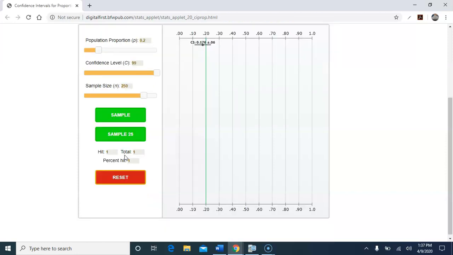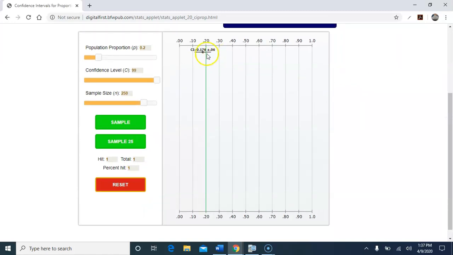So I click on sample, and here's my p-hat of 0.17, plus or minus a margin of error of 0.06. When I subtract 0.06 and add 0.06 to the p-hat of 0.17, notice that this confidence interval contains the population p of 0.2.